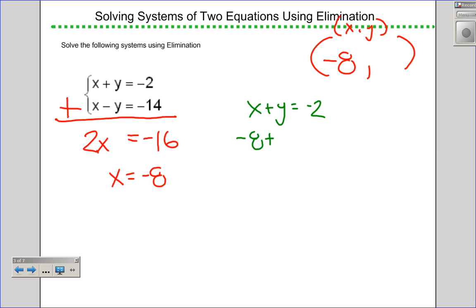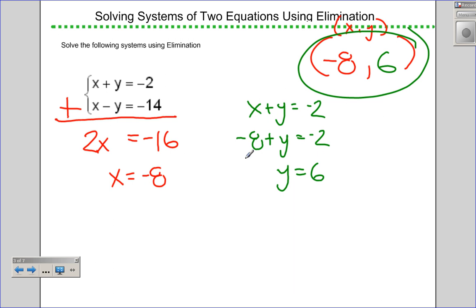I have negative 8 plus y is negative 2. Add 8 to both sides, so y equals 6. That is my point of intersection of my two equations. My solution is negative 8, 6.